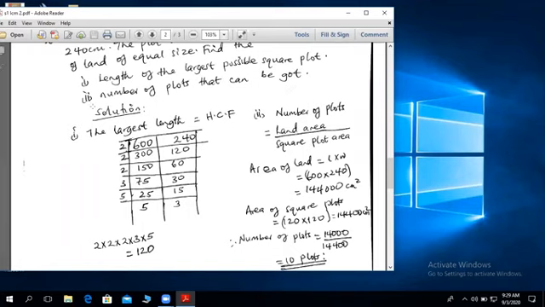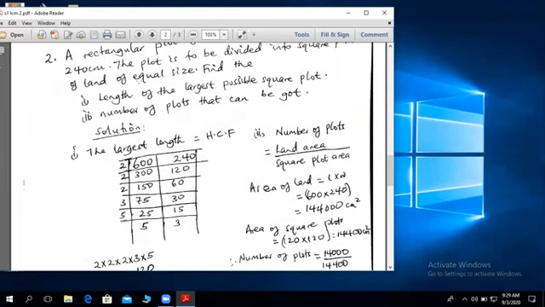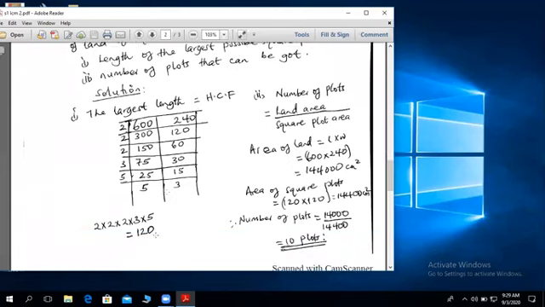from the rectangular plot. To get the number of plots now that can be got, remember the length that we have gotten now is for the square plot. And for a square, length is equal to width. So if I have the length of 120, it means even the width is 120.